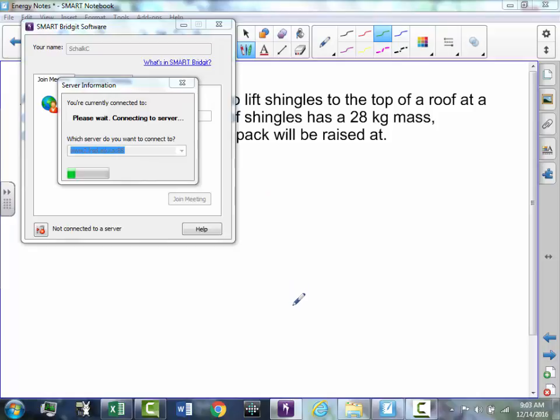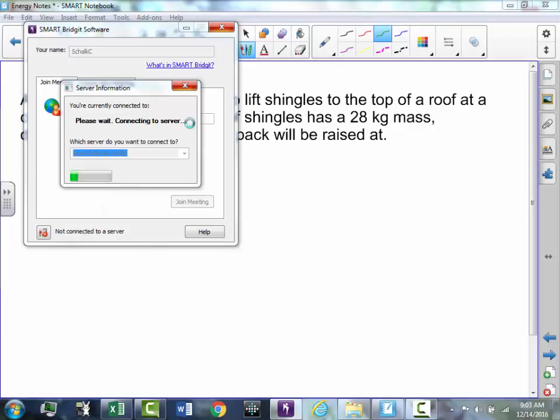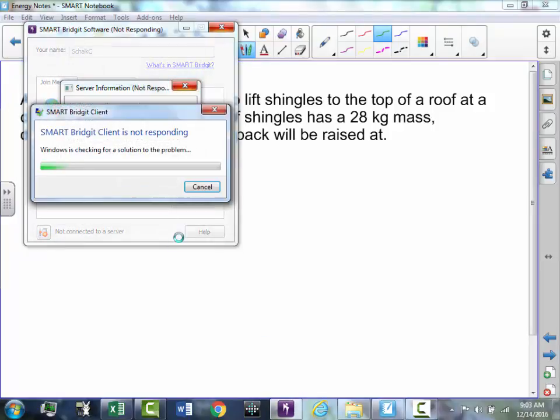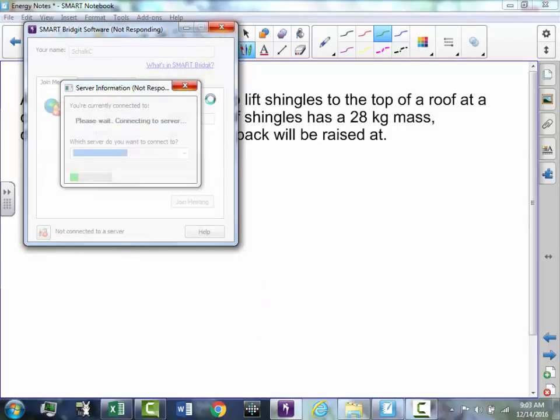It actually says I'm not connected to a server anymore. This is unfortunate. We have one example left and it decides to kick us out. Close the program. Just close it. Stupid thing.